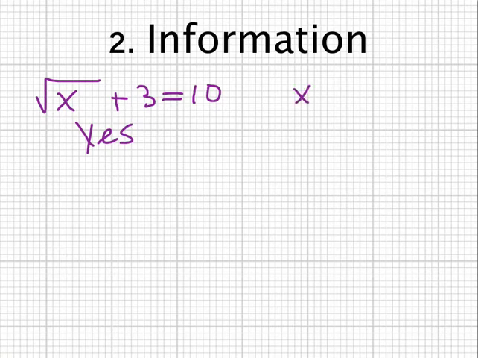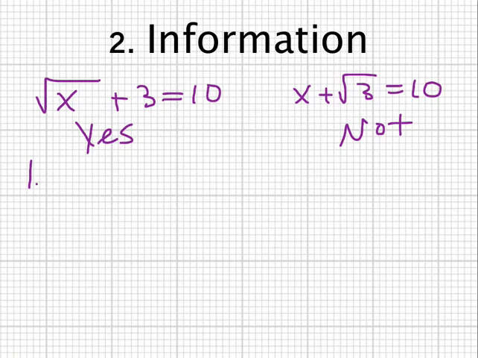If I have x plus the square root of 3 equal to 10, this is not a radical equation. They both have a radical in them, but you notice in the left-hand equation, I have the square root of x. X is inside the radical. In the second, x is not inside the radical. So this is not a radical equation. So that's one difference between radical equations and other equations.